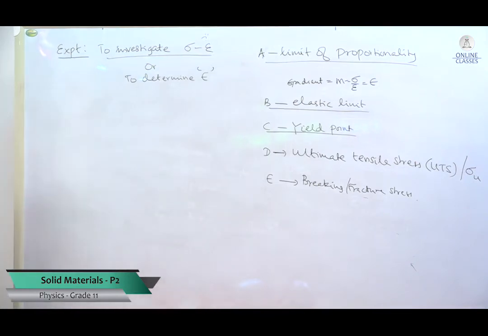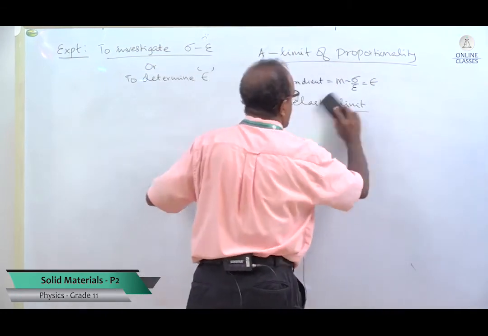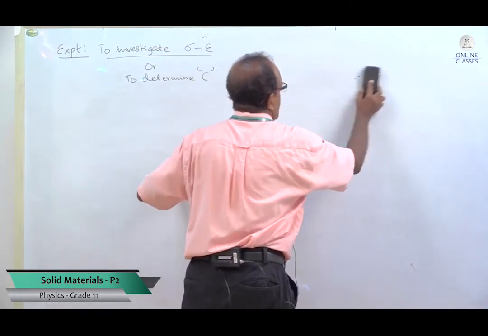So we can do both: first get the relationship and then find the Young modulus.